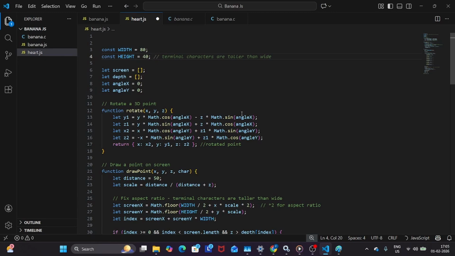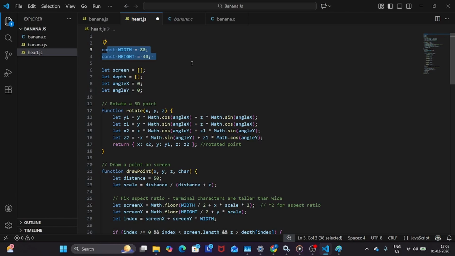That's why it can only print characters. If the width was smaller, the cube looks tiny; if bigger, the cube can be bigger. Width and height also help to center the cube.